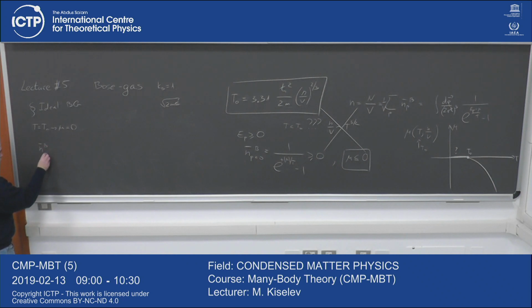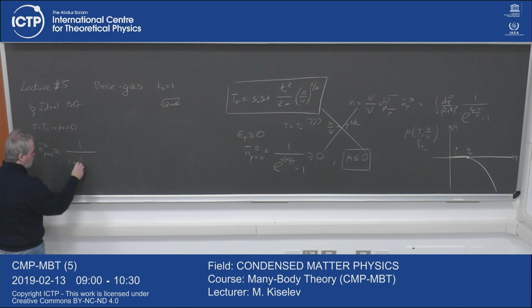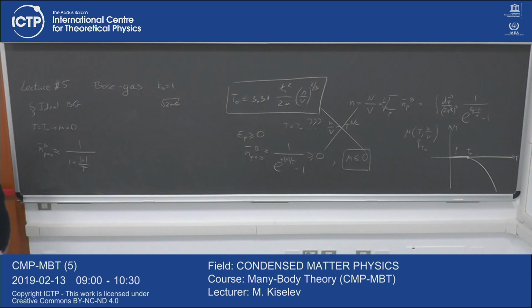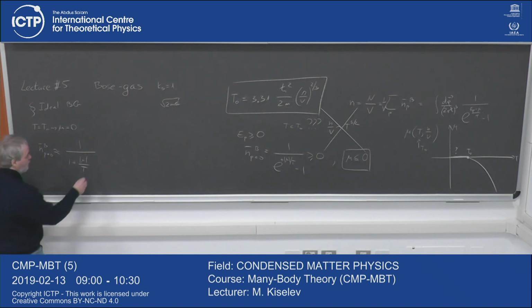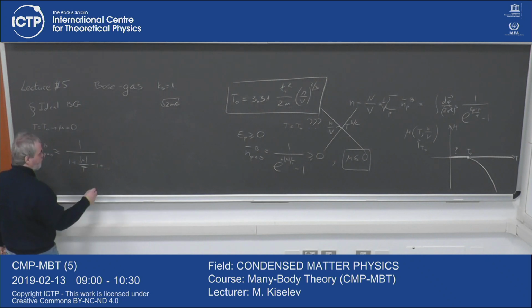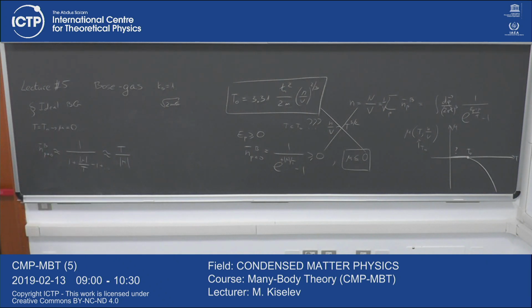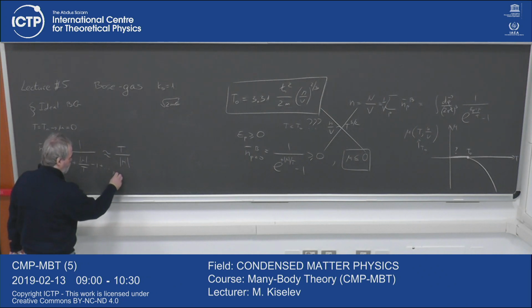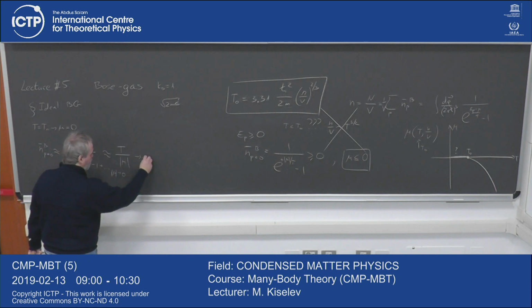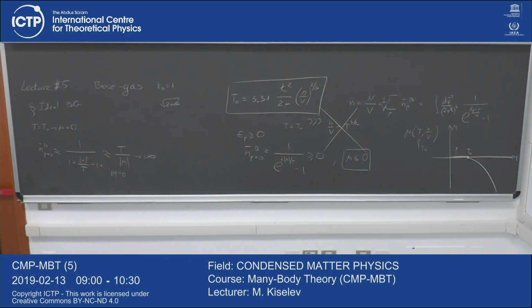So n_{p=0} is approximately equal to 1 over e to the power modulus of mu over temperature, minus 1, and so on and so forth. It's approximately equal to temperature divided by the modulus of the chemical potential. And if we take the limit modulus mu goes to 0, we get that this number becomes very, very large. Which means that the number of particles occupying the state characterized by 0 energy becomes macroscopically large.